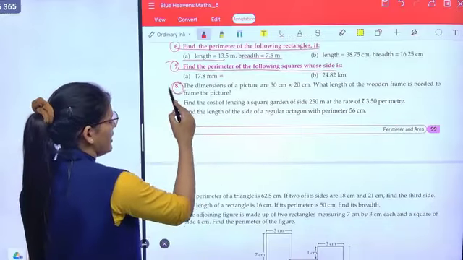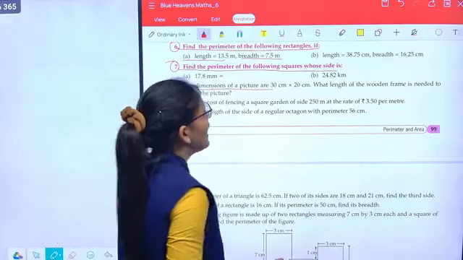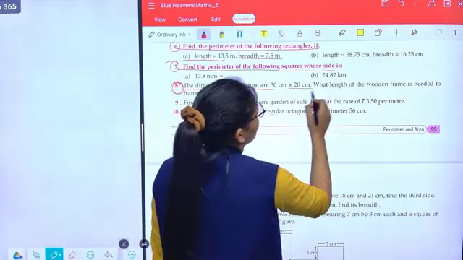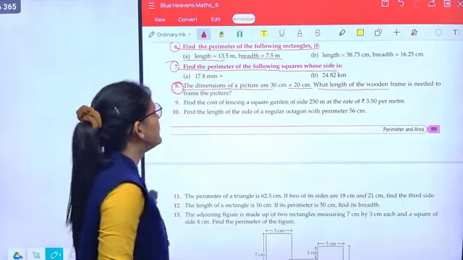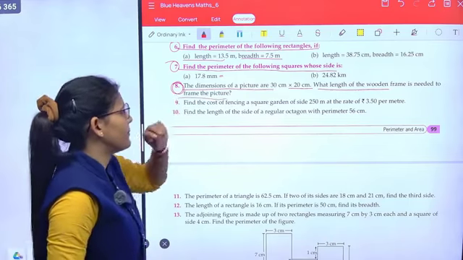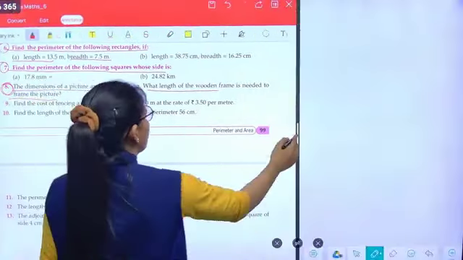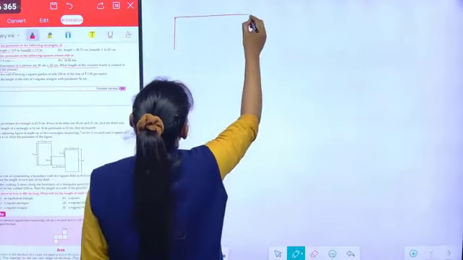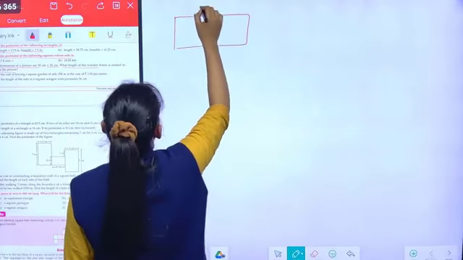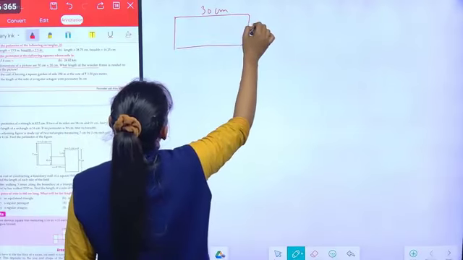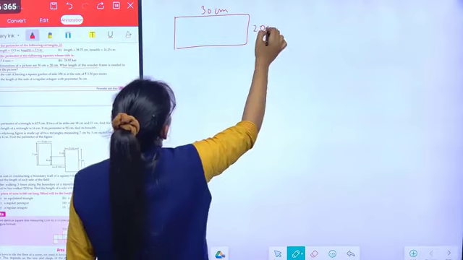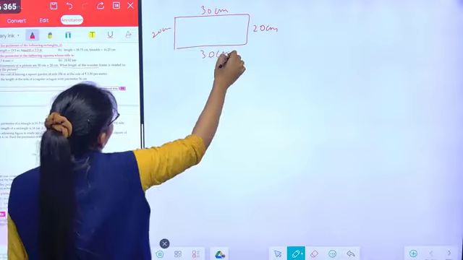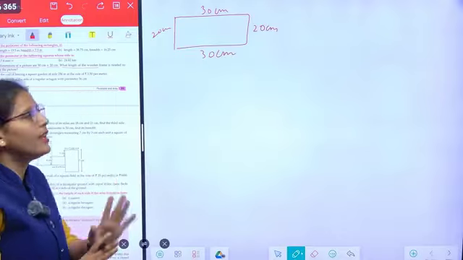Come on, question number 8. The dimensions of a picture are 30 centimeter into 20 centimeter. What length of the wooden frame is needed to frame the picture? Now class, this is a rectangle, and the dimensions are 30 and 20 centimeter. This is 20 so this is also 20, this is 30 so this is also 30, because in a rectangle all opposite sides are equal.